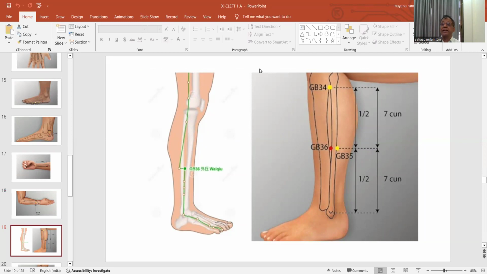So this is gallbladder 36, in between the tibia and fibula bone, 7 chun above the tip of the lateral malleolus.